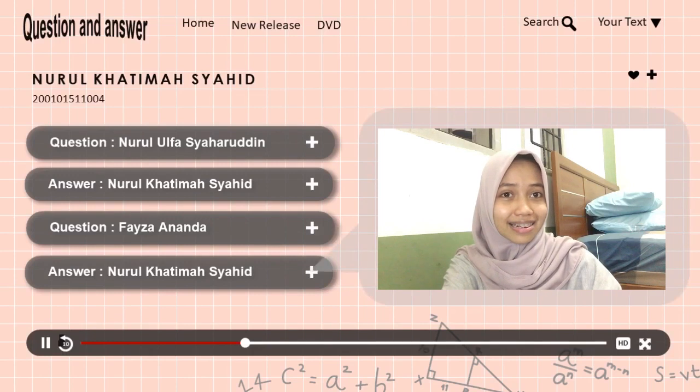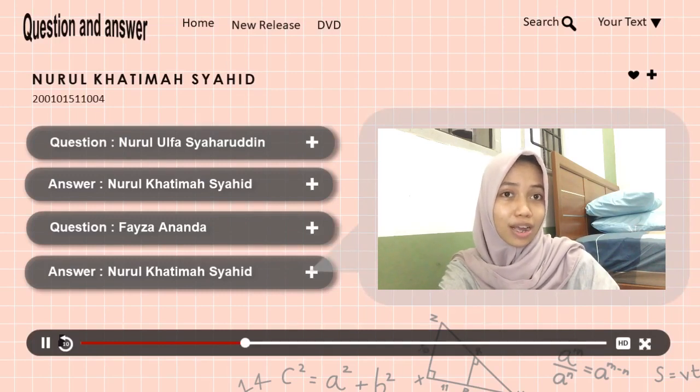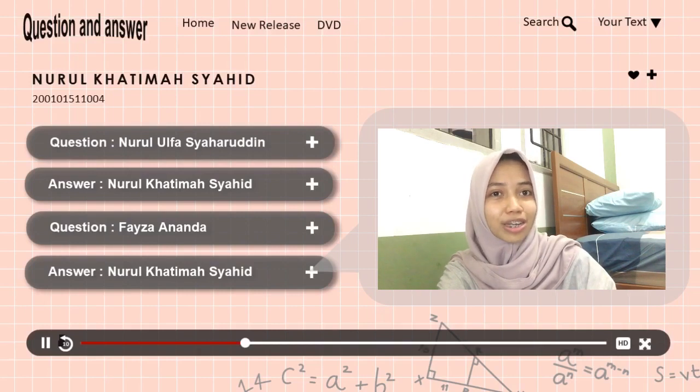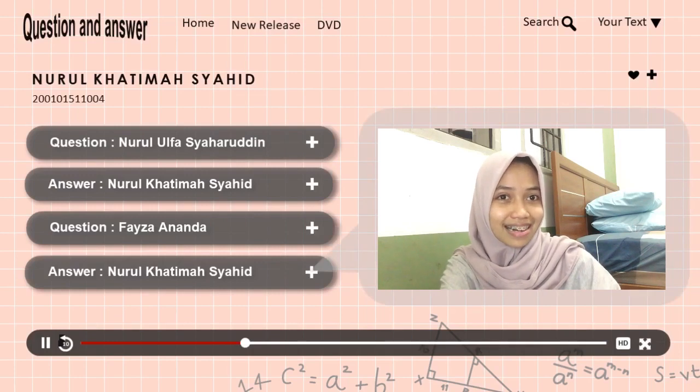Then we enter these values into the formula ((x1 plus x2) divided by 2, (y1 plus y2) divided by 2), which is equal to (0 plus b divided by 2, h plus 0 divided by 2). So the value (x, y) is equal to (b divided by 2, h divided by 2). So yeah, that's all. Thank you.